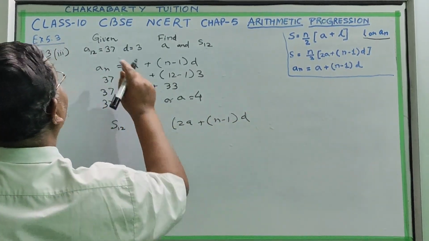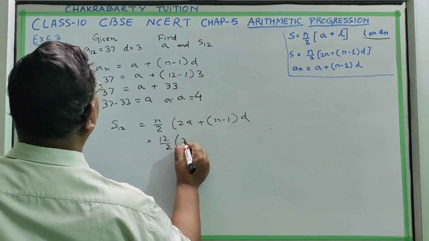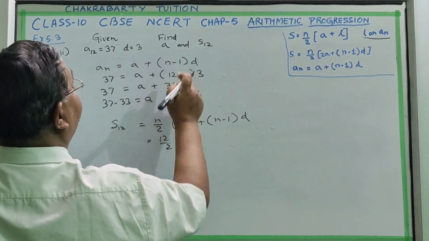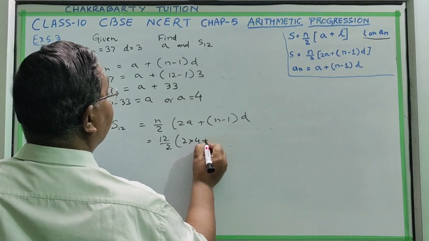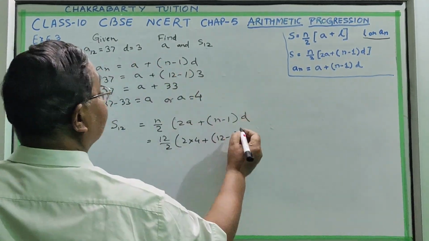So n is 12, 12 by 2. 2 into A, we have found 4, plus n is 12 minus 1, and d they have given 3.